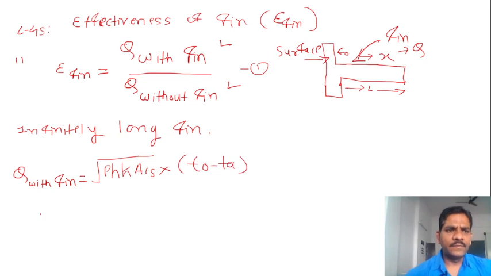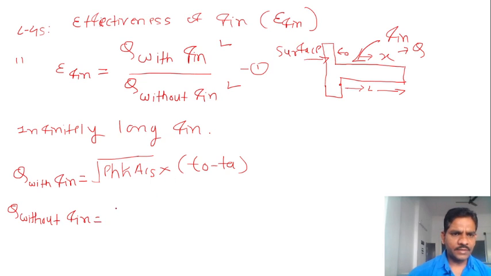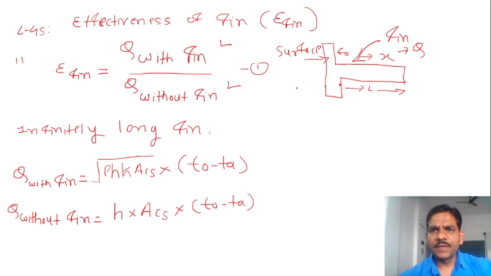And without fin, guys, what is Q without fin? The formula is H into cross sectional area ACS into T0 minus TA. This is the heat transfer with fin.